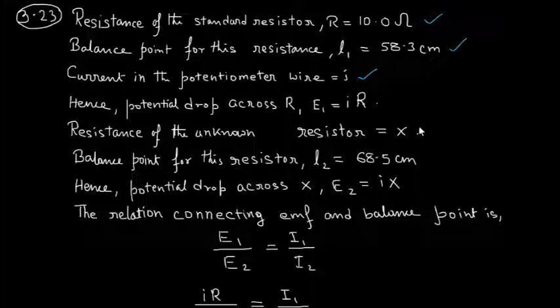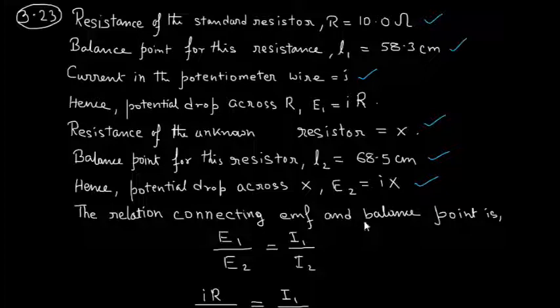Resistance of the unknown resistor is equal to X. Balance point for this resistor, L2, is equal to 68.5. Hence, potential drop across X, E2, is equal to IX.